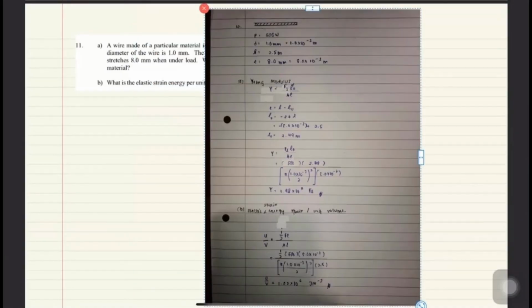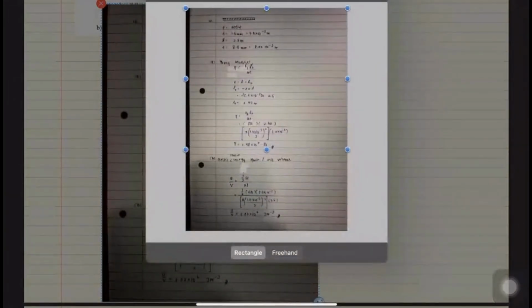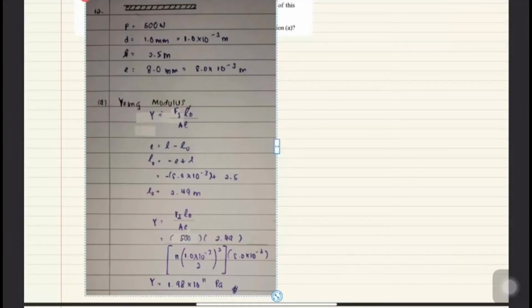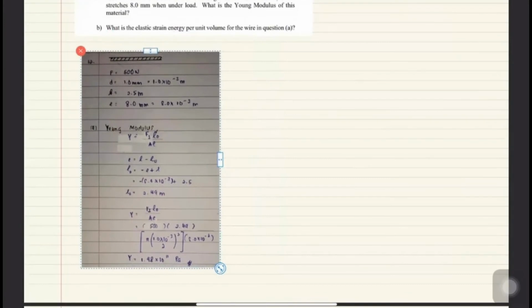Saya letak dekat sini. Alright. Ini soalan 12 ke soalan apa? 11 saya salah tulis. Okay. Saya rasa letakkan A dulu. So B tu saya tak sebelah dia.